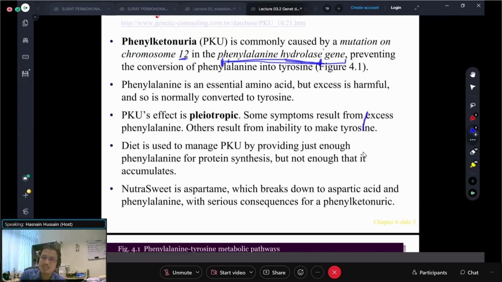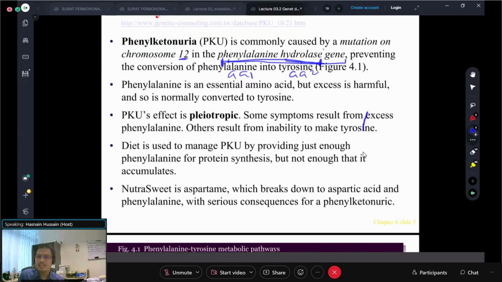So one amino acid is converted to another amino acid using phenylalanine hydroxylase. It just removes an OH group from the phenylalanine, and it becomes a tyrosine.